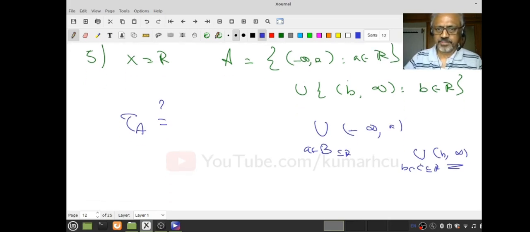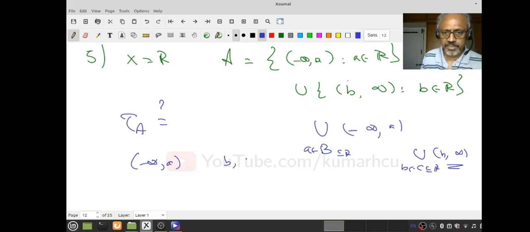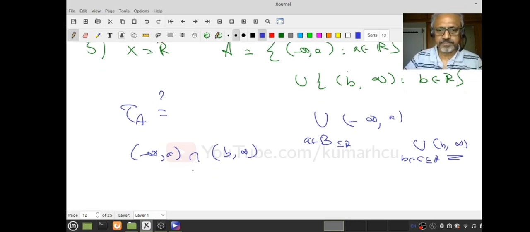You must have learned it in my course. So it should contain elements of these forms, but that's not going to give anything interesting. But remember, tau A is a topology. Just now I mentioned I should also check what happens to the intersection. If I take something like minus infinity to a, that is in tau A, and if I take b to infinity, that also should be in tau A, therefore the intersection should be in tau A.